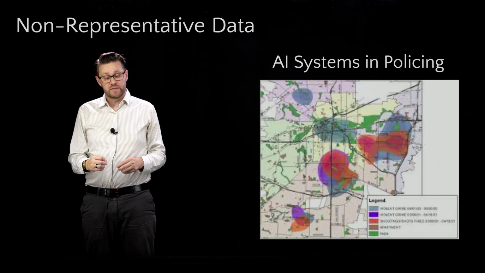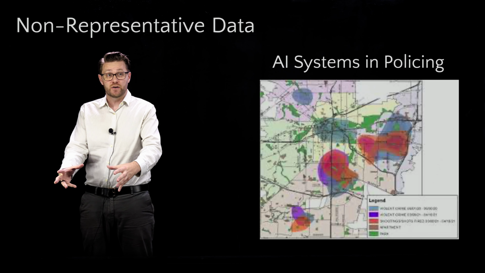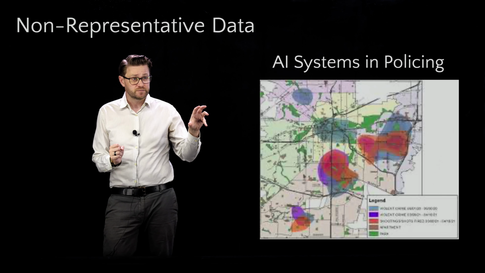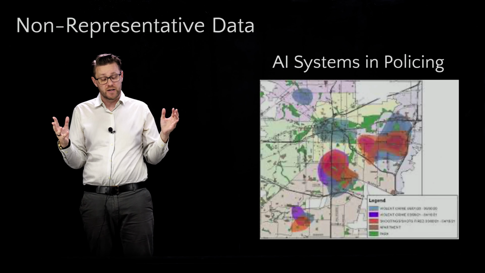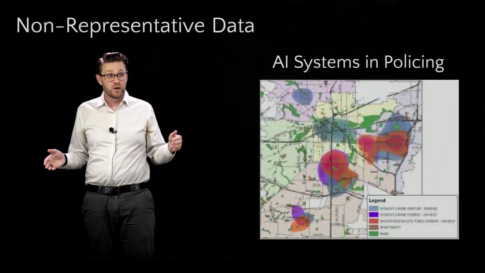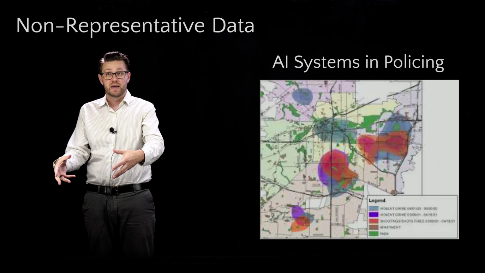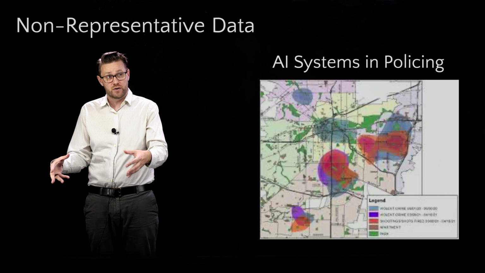Well, then the data tells the system, hey, in this area you've got more crime, and so it justifies sending more resources to that area because the system is telling us that there's more crime in this area. Now we have more police resources concentrated in this area, and guess what? Now they find more things because they're looking harder in this area.